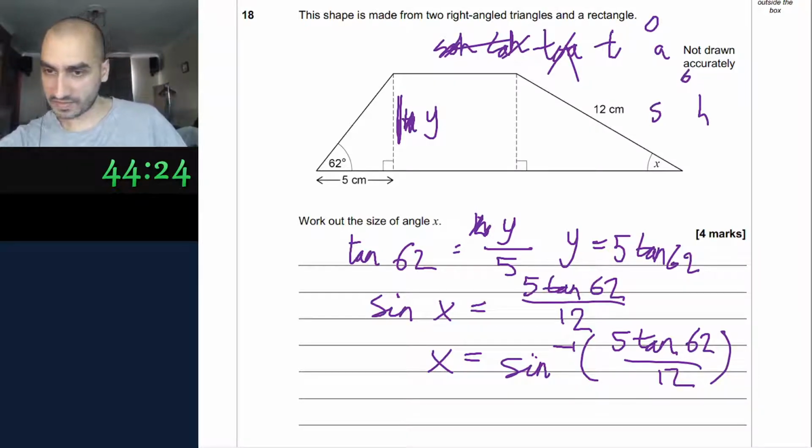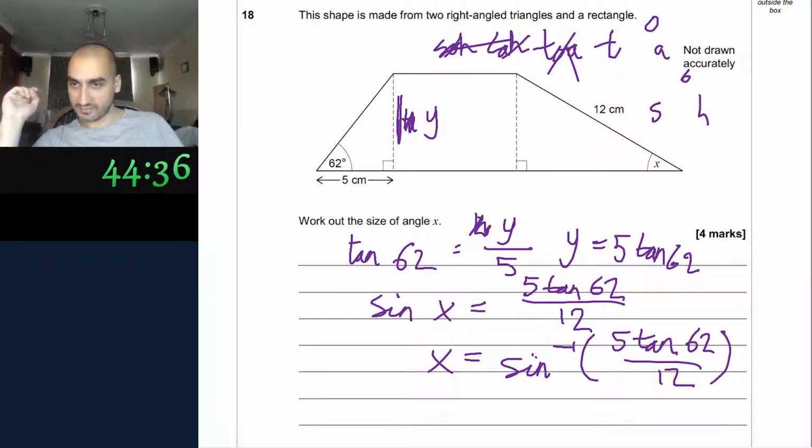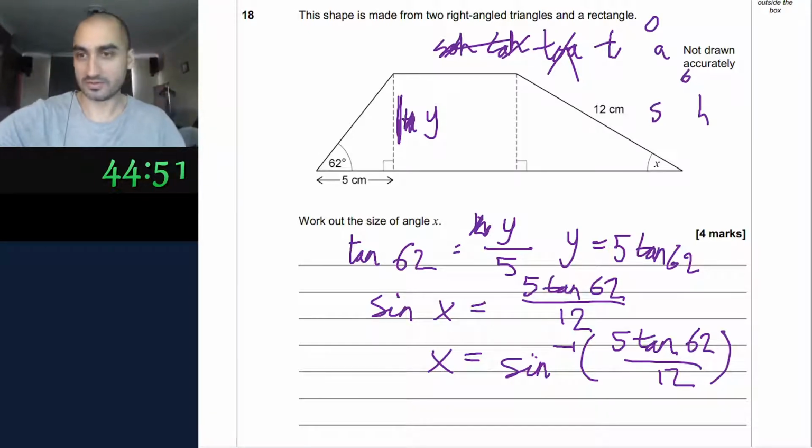And now we want inverse sine of this. Where's inverse sine? Does Windows Calculator not have inverse sine? Alright, screw it. I'm gonna have to use Google.